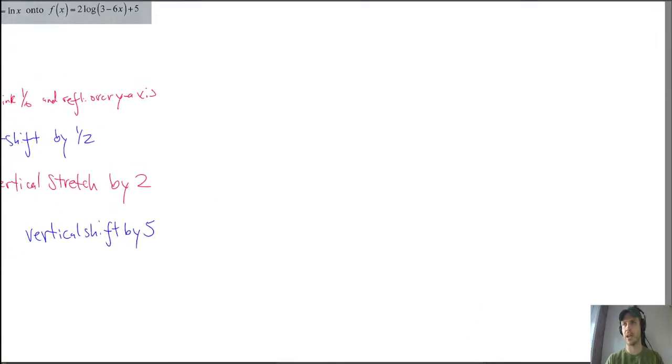Suppose we have a function, here I'm going to use Greek letters, alpha times f of beta times x, and let's go minus here so that this doesn't confuse us, minus gamma over beta, and that's everything inside the argument of the function, plus delta.